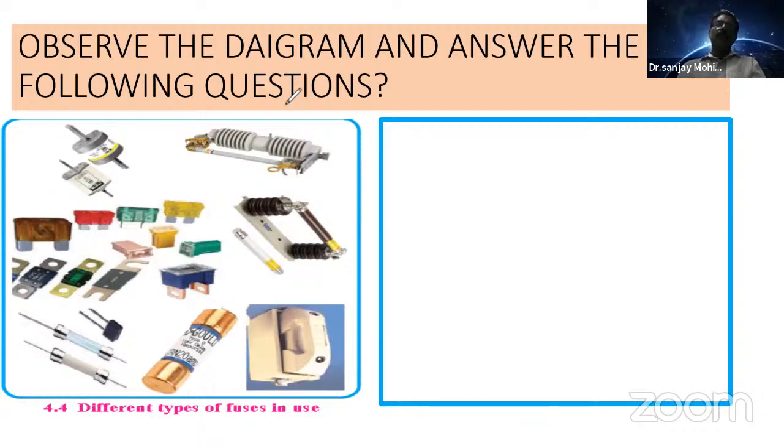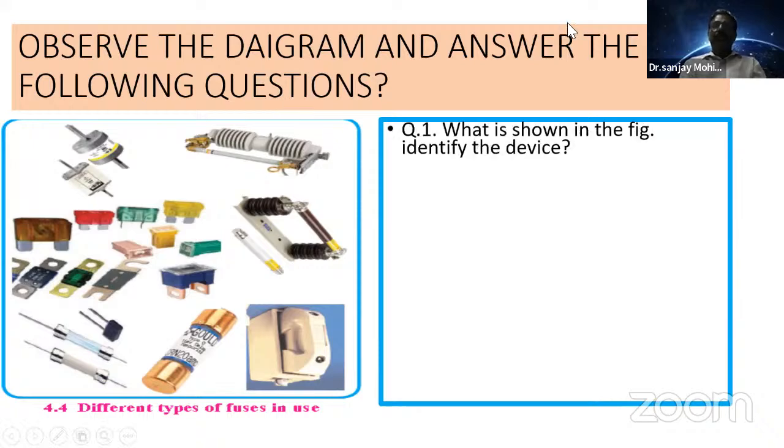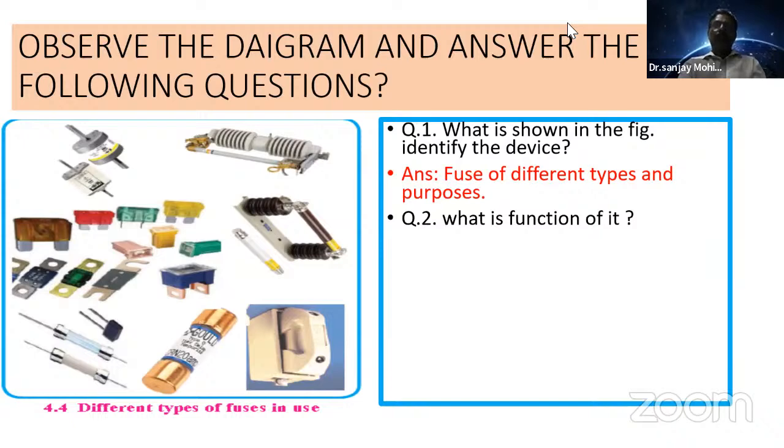So what types of questions may be asked in the exam related to it? What is shown in the figure? Identify the devices. In the figure, we can see fuses of different types for different purposes. What is the function of this fuse?